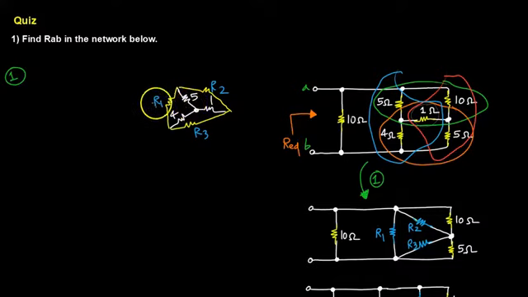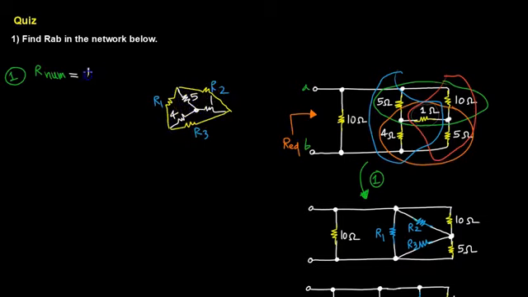In this case, as we talked about before, the way we would do this is we would say, okay, let's find our numerator, and that's going to be the product of each possible pair of the 3 resistors in the Y network.